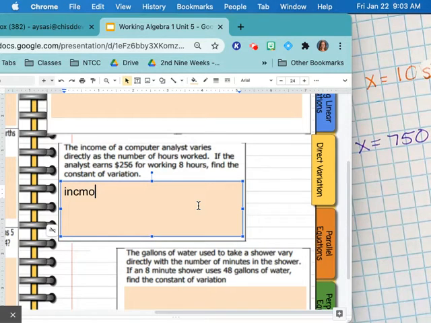So income varies with number of hours worked. So income over hours. And this one just wants to know the constant of variation. It doesn't even ask us to find a missing value. So remember, our constant of variation is going to be found by doing income over hours.